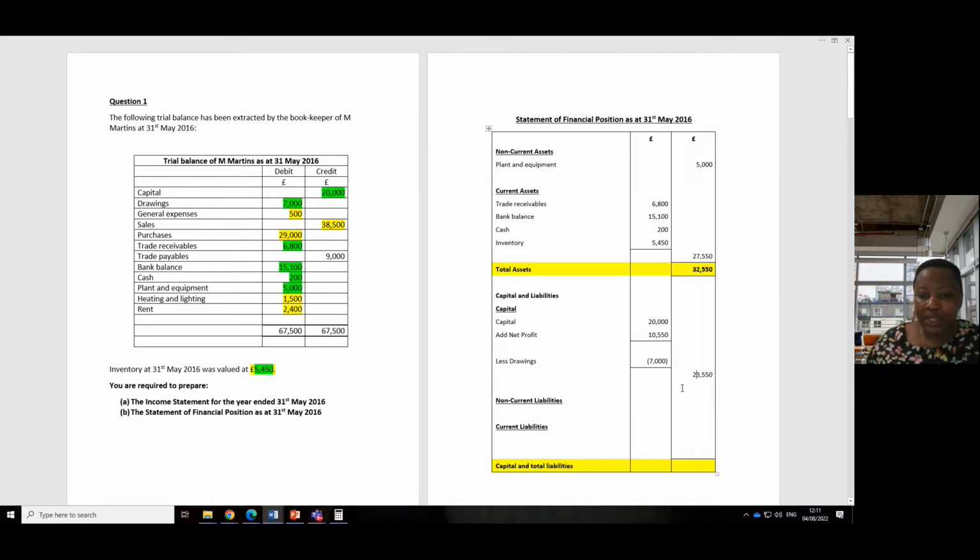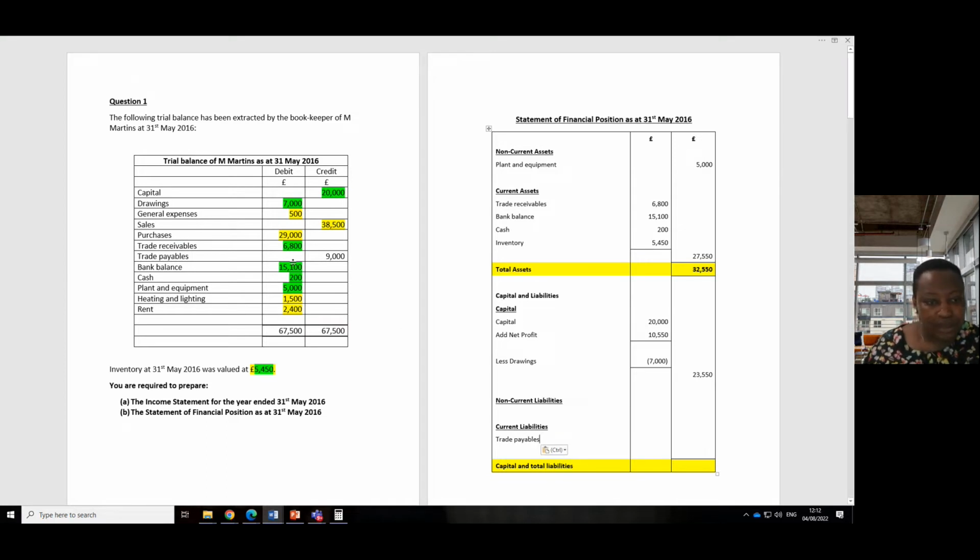We go to our liabilities. So we've gotten capital, so we need our non-current liabilities and the current liabilities. Do we have any non-current liabilities? No, the only thing we have here is trade payables, and trade payables is a current liability. So we'll pick trade payables and bring it here to current liabilities.